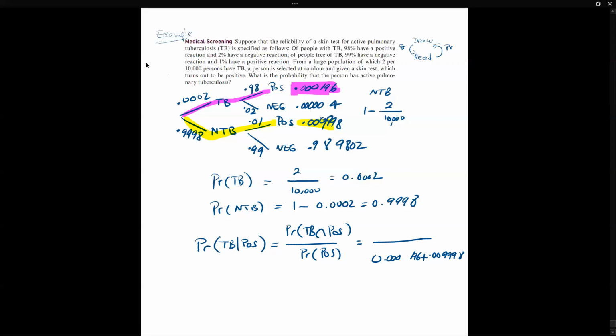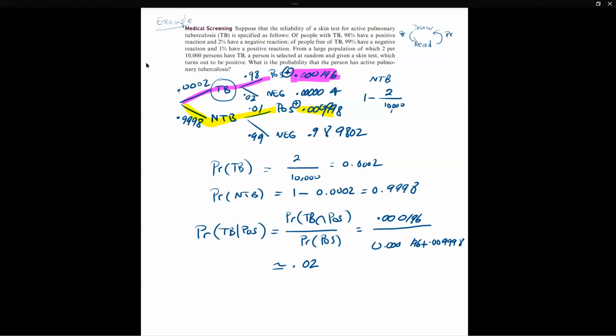We have positive here and positive here, so that's the sum of the positive, right? And the intersection of the positive with the TB is going to be that 0.000196, which gives 0.02. So the probability is 0.02 that a person with a positive skin test has TB.